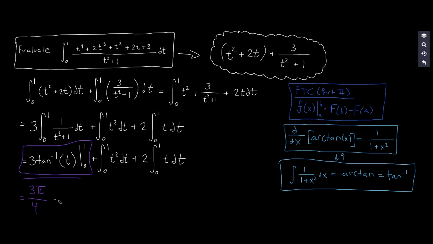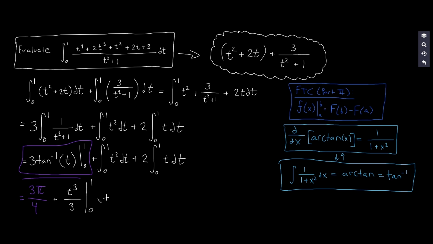3 pi over 4 plus. Now we'll take the integral of t squared. Well, we already know what the power rule is because we've learned about it previously in this video. So let's take the integral of this in our head. It's going to be t raised to the third power over 3, and for the definite integral, it'll be evaluated from 0 to 1 plus.